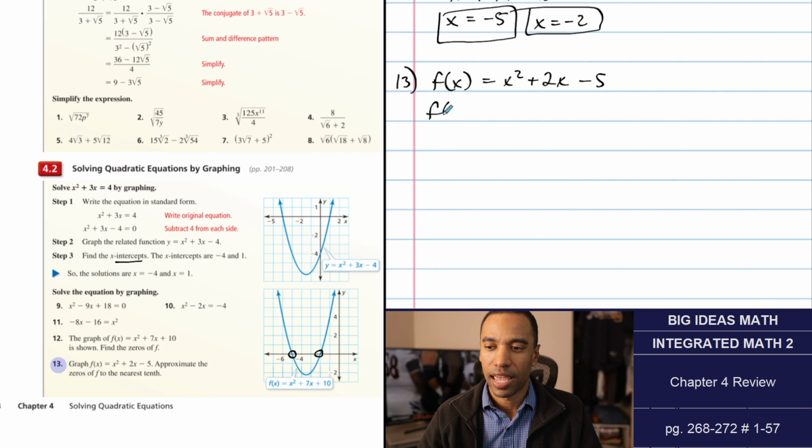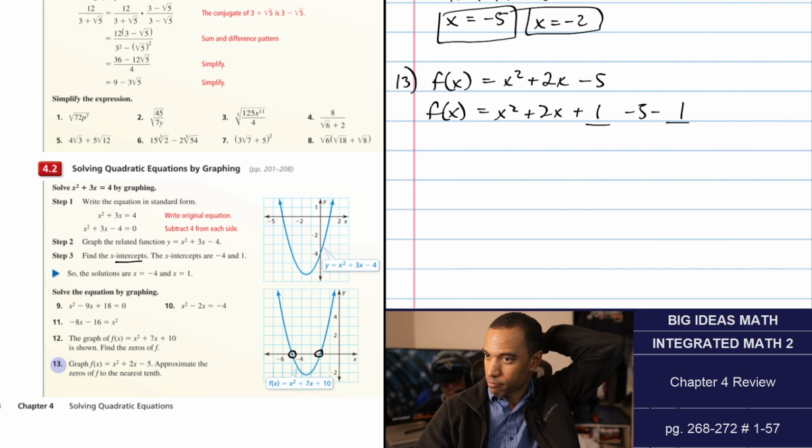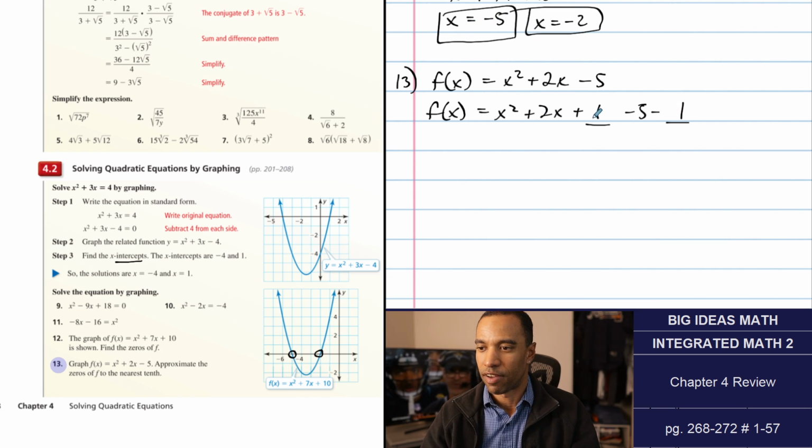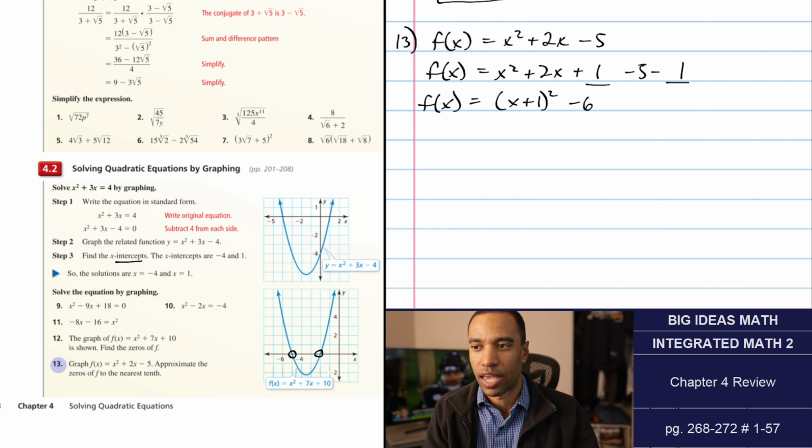I'm going to write x squared plus 2x plus 1 minus 5 minus 1. I will add and subtract the same value, the number that I used to complete the square. Divide 2 by 2 and square it. This factors to x plus 1 quantity squared. And negative 5 minus 1 is negative 6, where I can now sketch this graph.